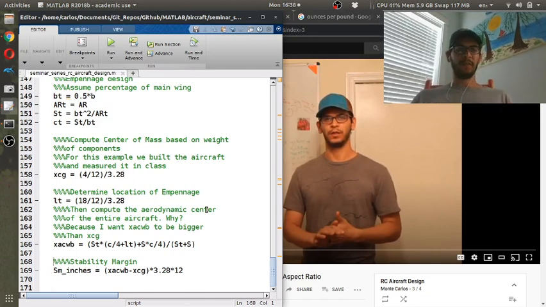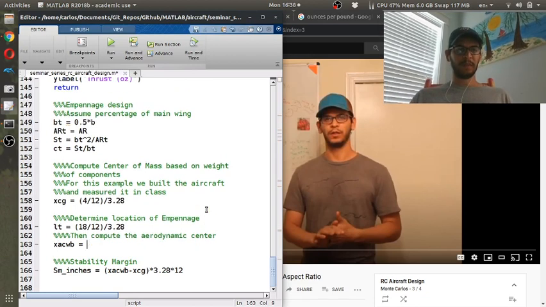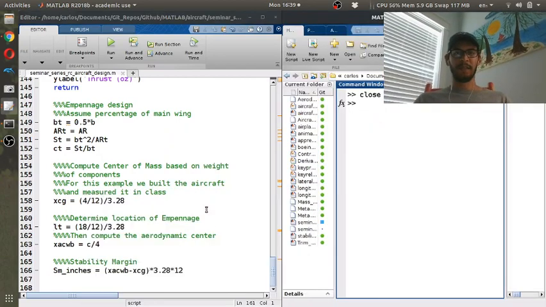So what you can do is compute the aerodynamic center, which is the chord of the wing over 4. If you use the main wing as the reference point, you can use the center of mass formula to compute the center of mass of the vehicle.